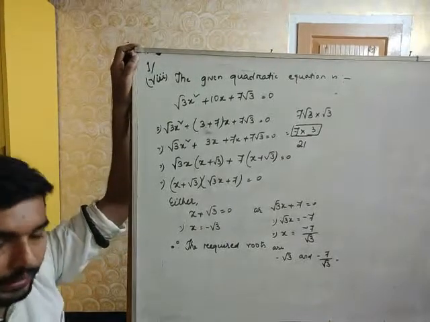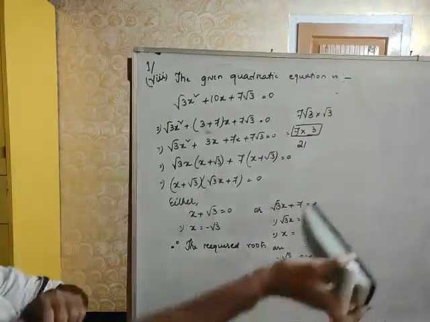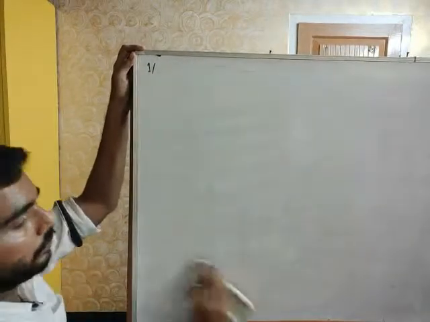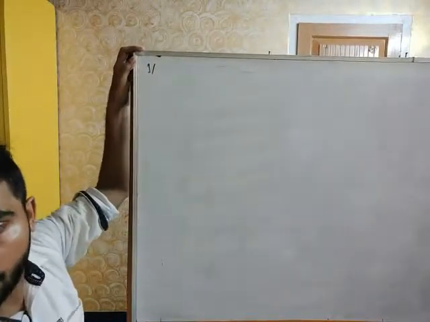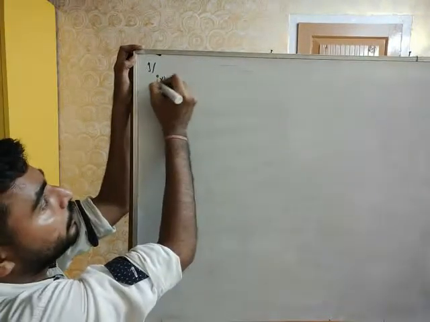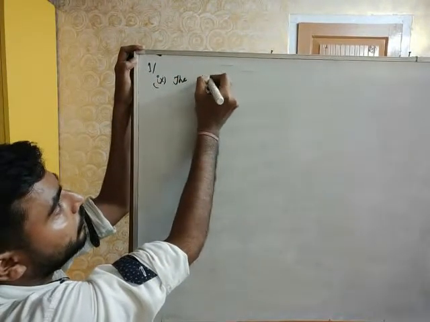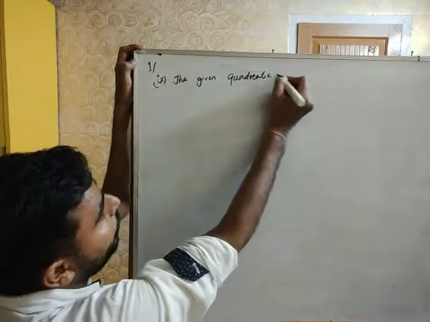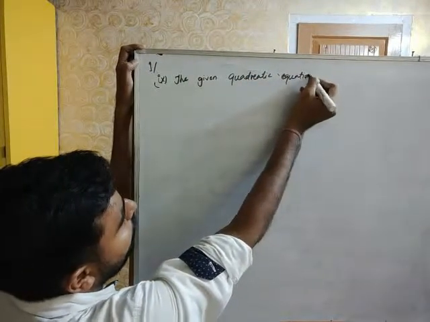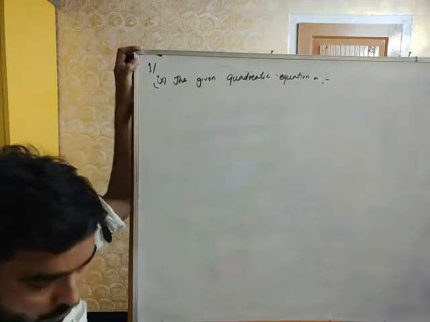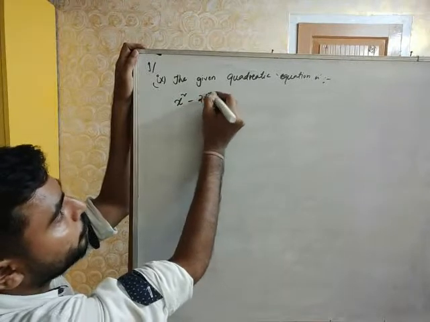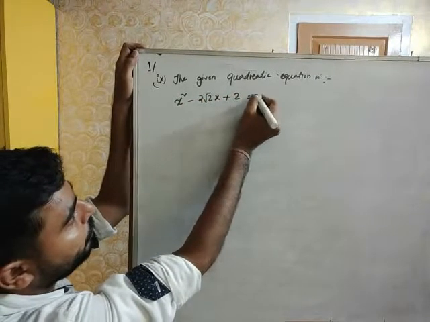Let's move to number 9 then. The given quadratic equation is, what is the equation? x square minus 2 root 2x plus 2 is equal to 0.